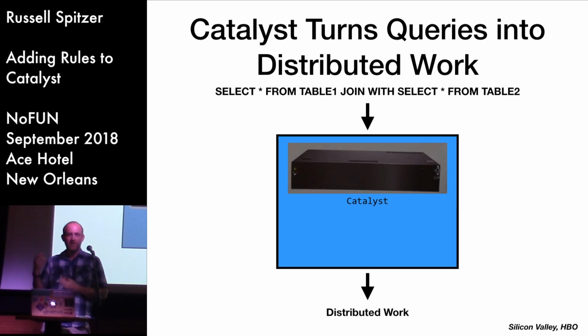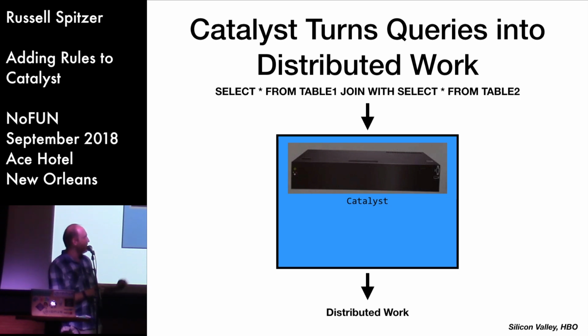And in normal databases and in distributed systems like this, we need some way of taking this string, which is just a description of what we want in a very high-level dialect, and turning it into a plan to actually do our work distributedly. It needs to have some awareness of where the data is. It needs to know the different kinds of joins it can do. It needs to know the most efficient way to actually do the request that's written up there.